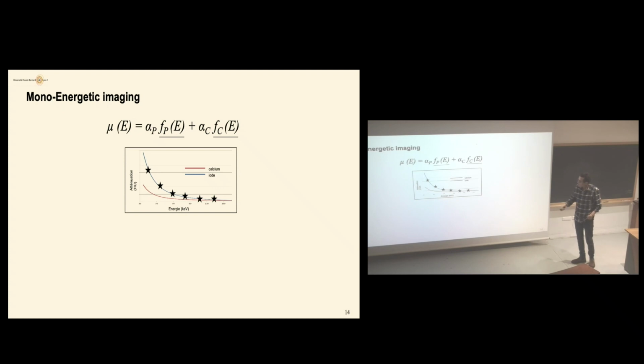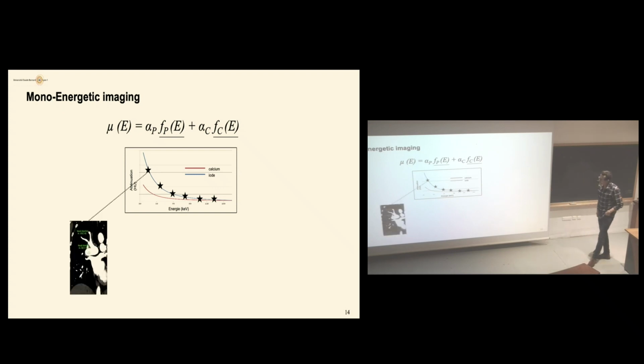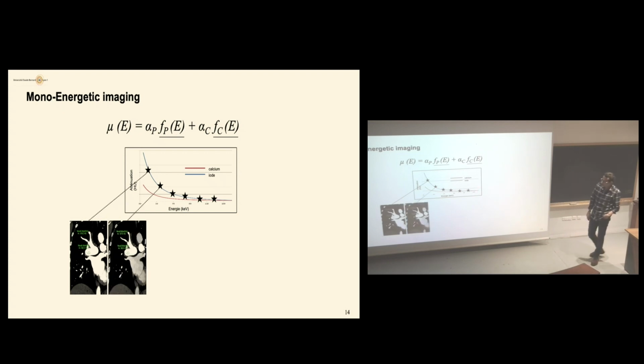Once you resolve these unknowns, it is easy to reconstruct your image at a specific energy, from 40 to 200 keV, for example. And you see the change in the image.